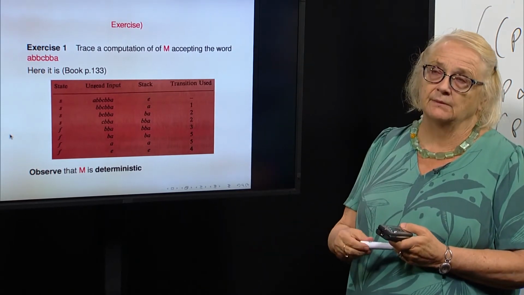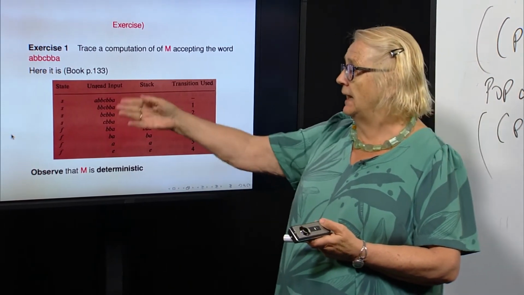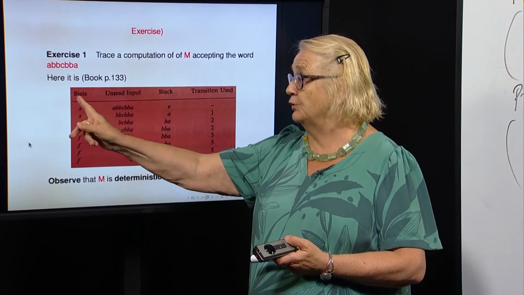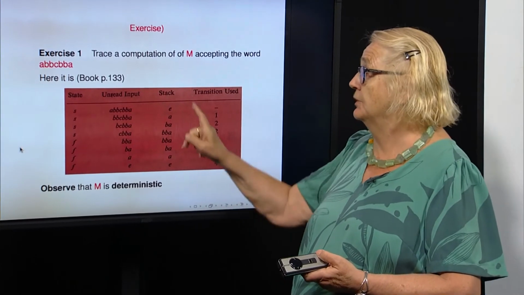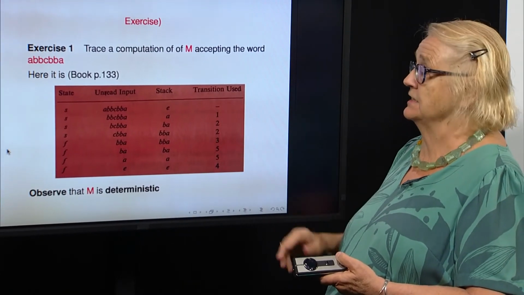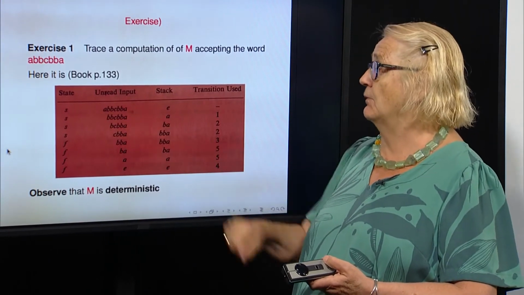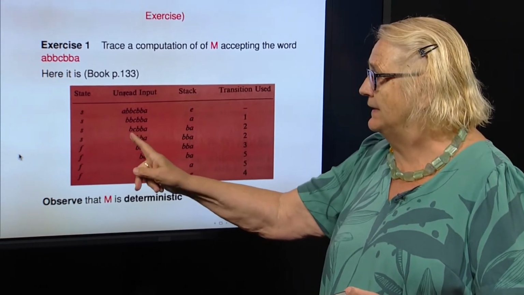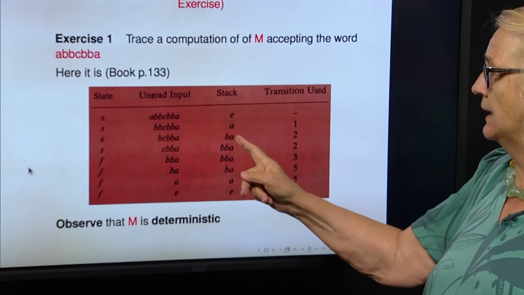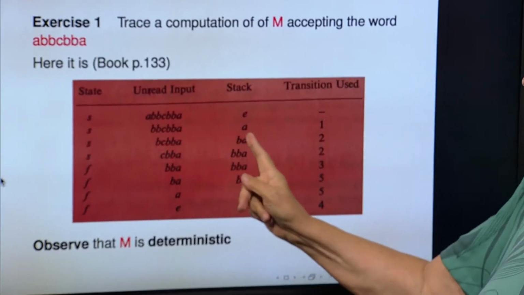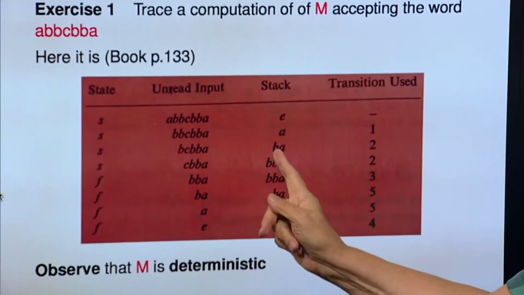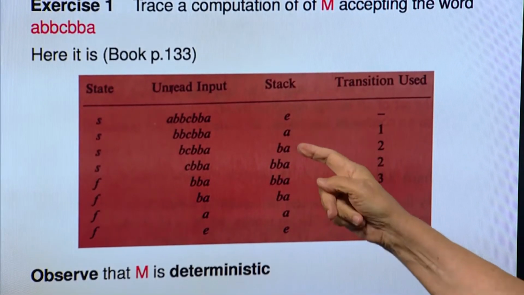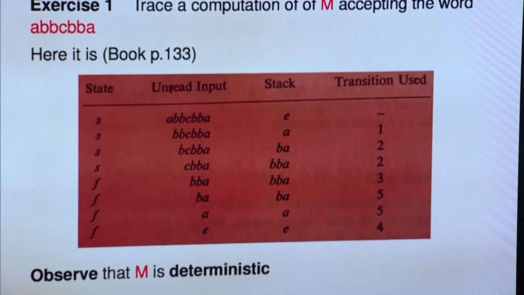And then there's a trace. When you trace a computation, I copied it from the book, you have a state, unread input, stack, and transition. So this is my word, the stack is empty, and you read A, you put A, you read B, you put B on the left, so the top is from right to left.